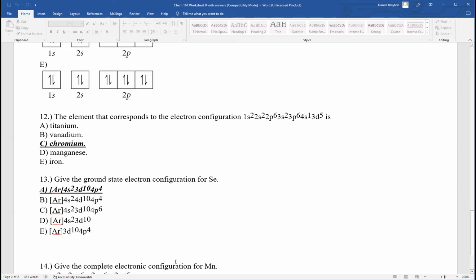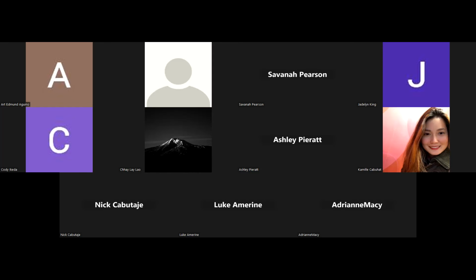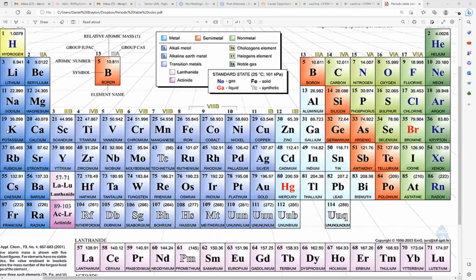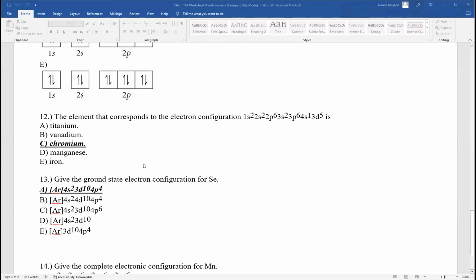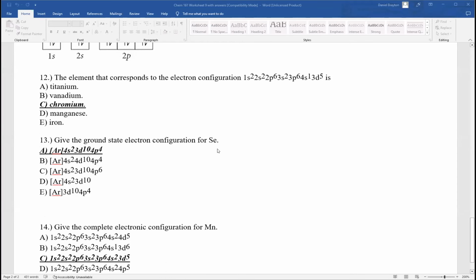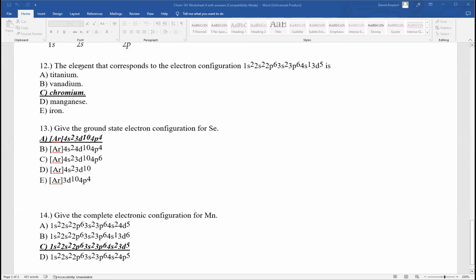So if we go to the periodic table and count the sixth element over, 1, 2, 3, 4, 5, 6, right here, chromium. So that's from the electron configuration to the element.